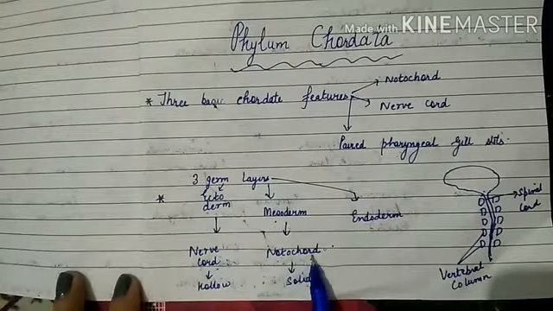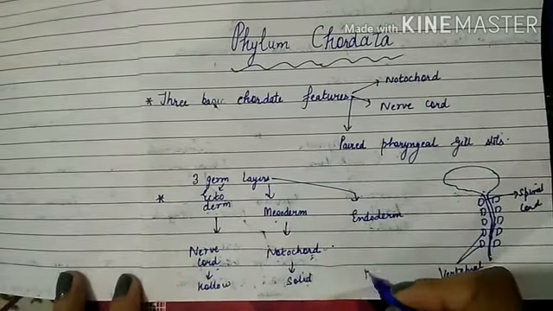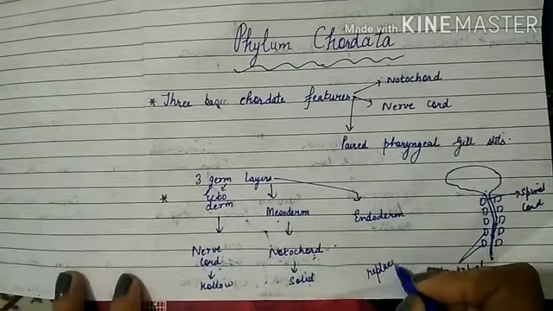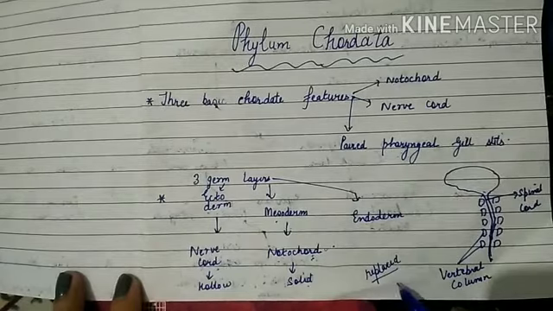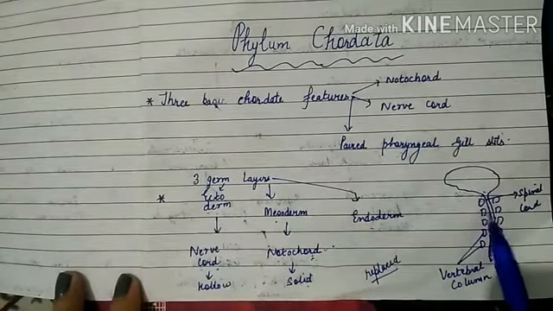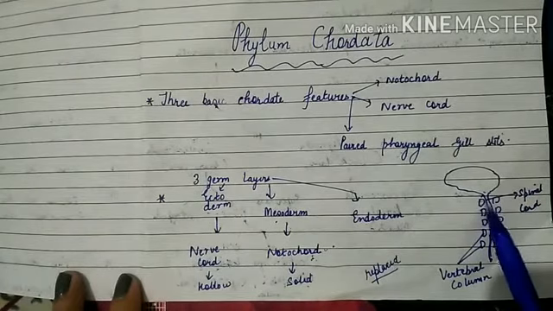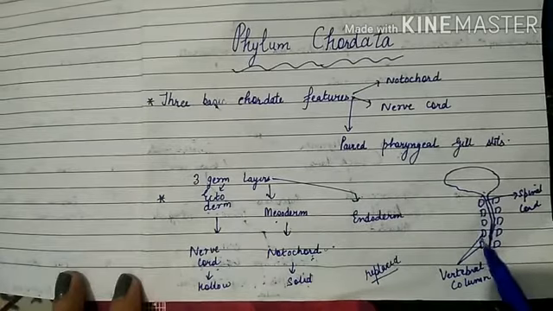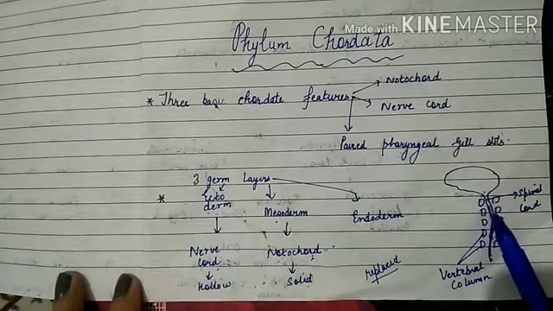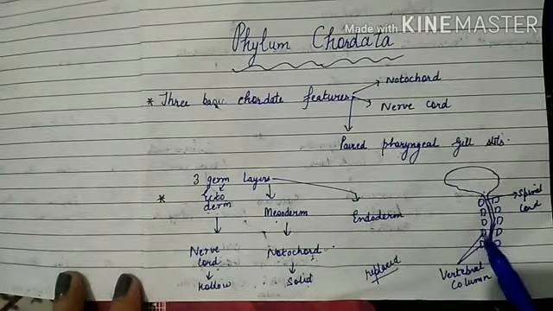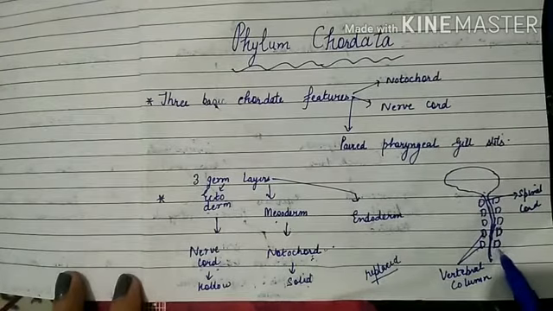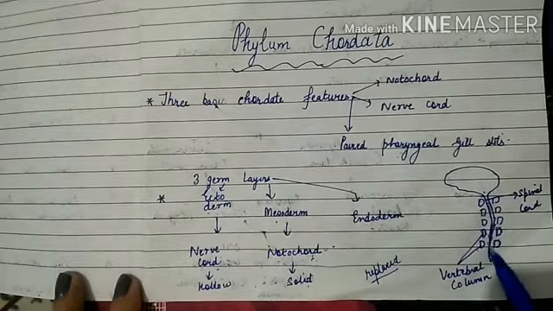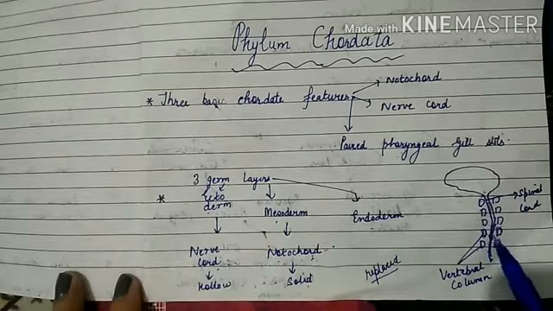And the notochord is replaced by the vertebral column. It is not changed to the vertebral column, it is replaced by it. So what are these vertebral columns? These are the bony coverings which surround the spinal cord.